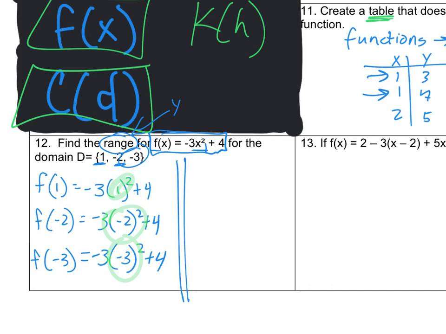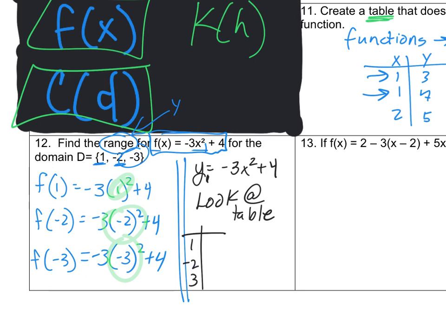So what I recommend that you do is that you use your calculator, and in your y equals, in your y1, you type in -3x squared plus 4, and then you go look at your table, and you just go look on the table and you arrow up and down, and you'll find that 1 has 1, and -2 is -8, and -3 is -23. So when you look at your table, that's the way it would look.